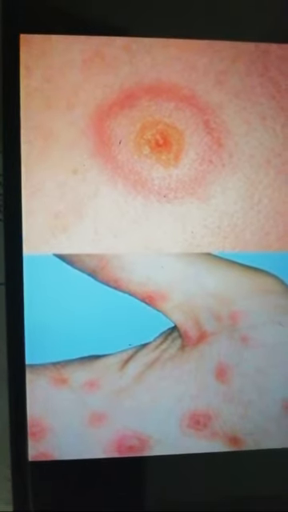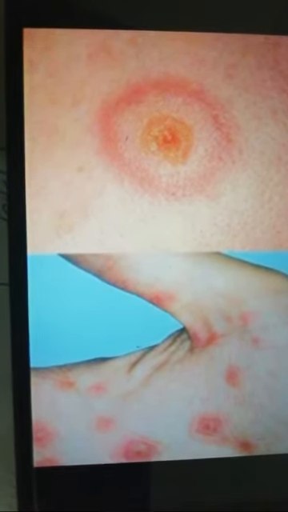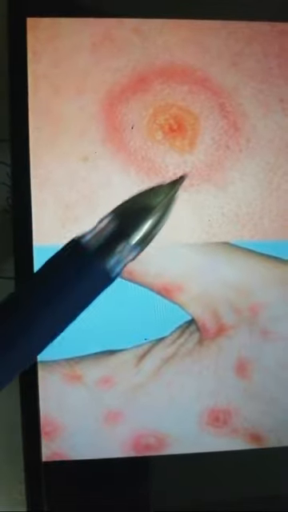Let us see the causes of these target lesions. It is seen more in herpes simplex virus, and then comes mycoplasma, then other infections, then drugs.